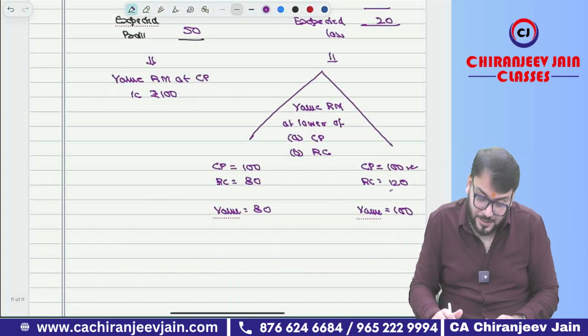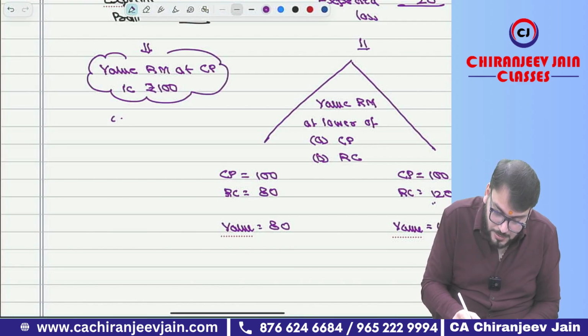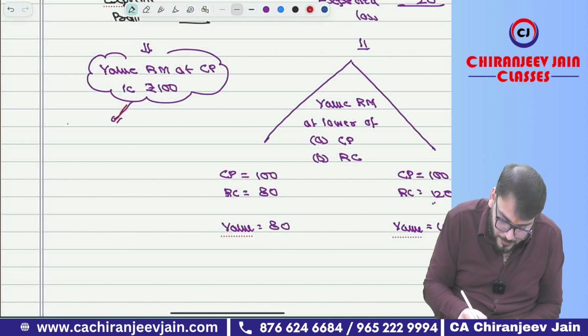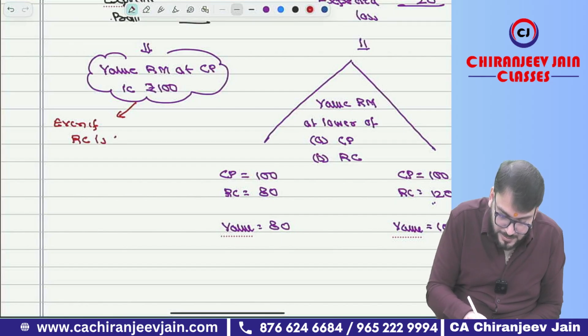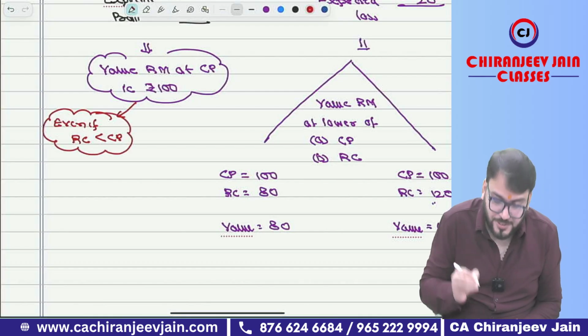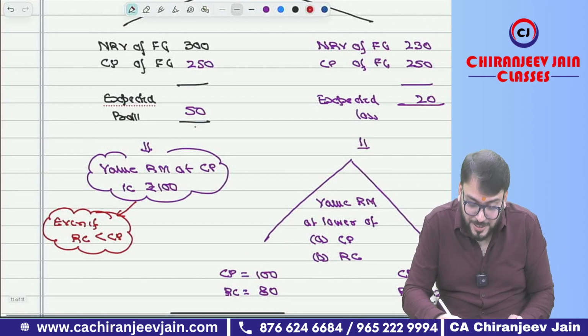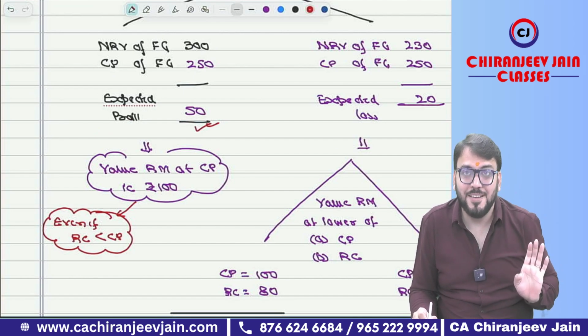In that case, we value raw material at cost price even if replacement cost is less than cost price, because there is an expected profit. If there is an expected profit, we can't write down the value of raw material.